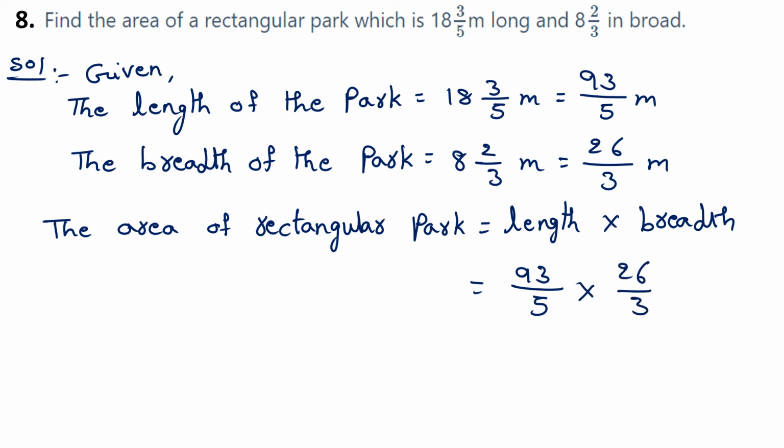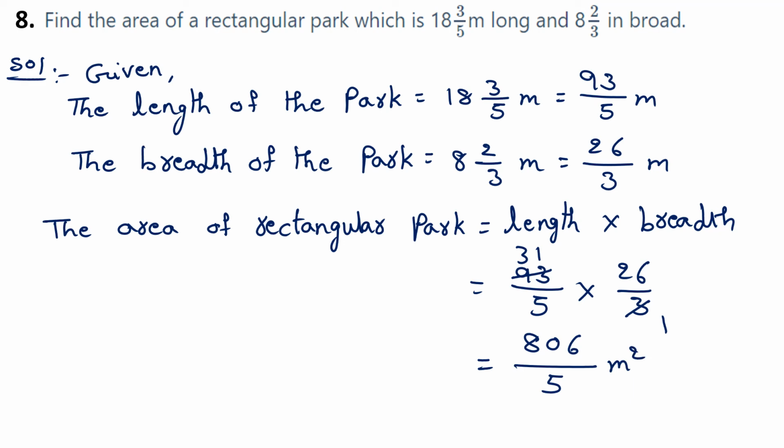So the product of numerators by the product of denominators, if it is possible to cancel, we directly cancel that. That is 3 1s are 3, 3 3s are 9 and 3 1s are 3. Okay, so 31 into 26 by 5. How much is it? 31 into 26 is 806 by 5 meter square, right?